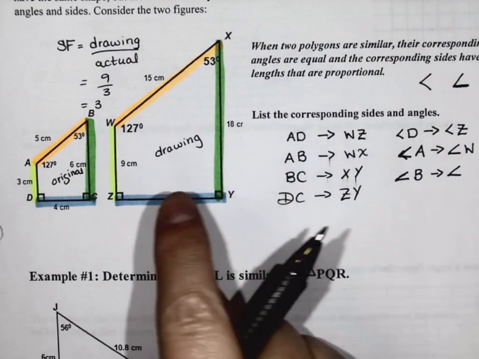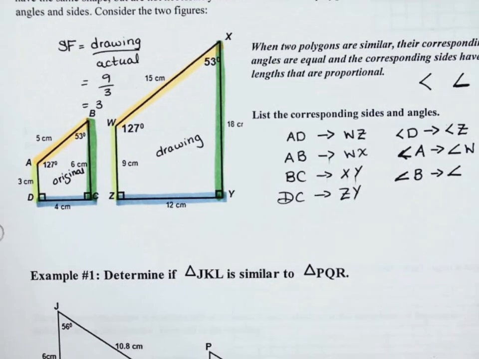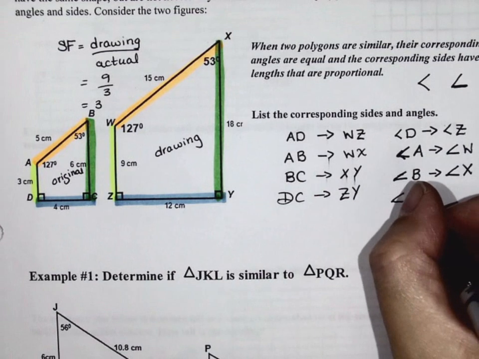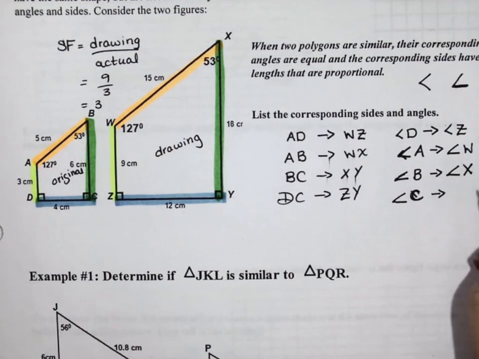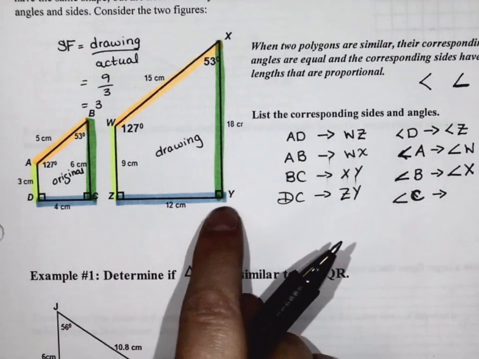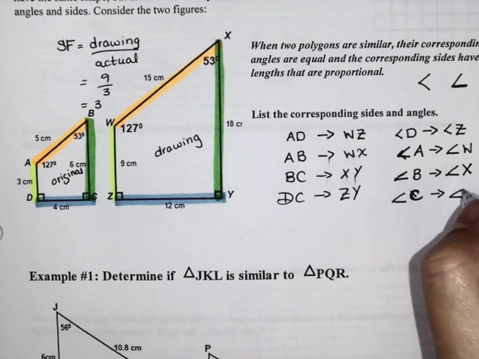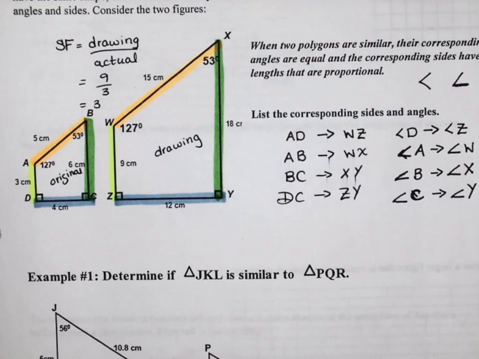Angle what? B is at the top here. What's at the top here? X. And my last one is C. C matches what in this diagram? Y. Okay, that's bad printing, but I'll get over it.